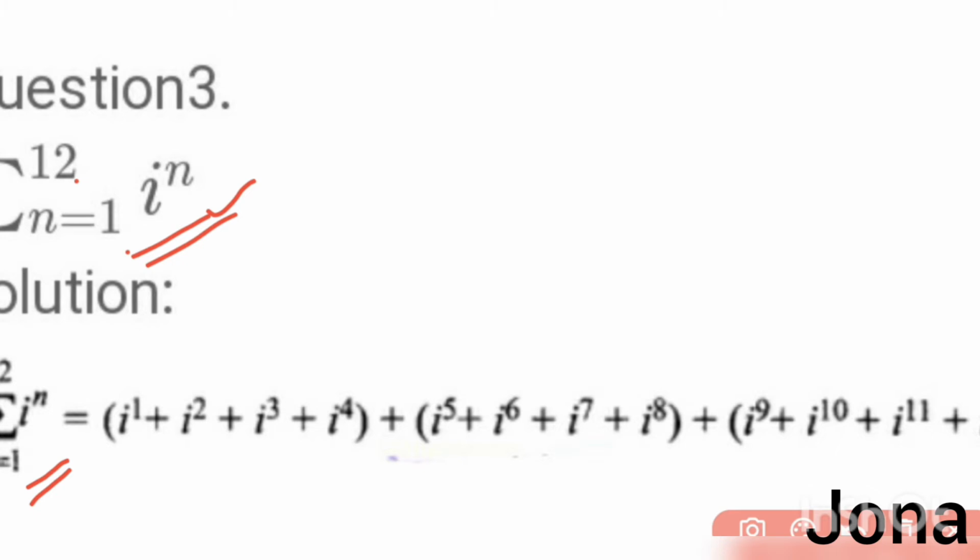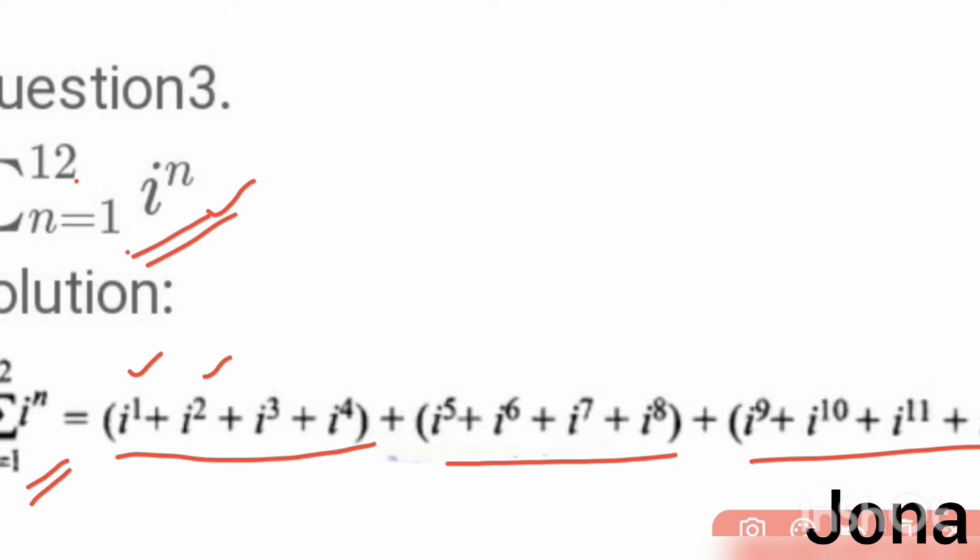We can write this as i power 1, i power 2, i power 3, i power 4, and even here i power 5, 6, 7, 8 and here 9, 10, 11, 12. Till 12 we have that.